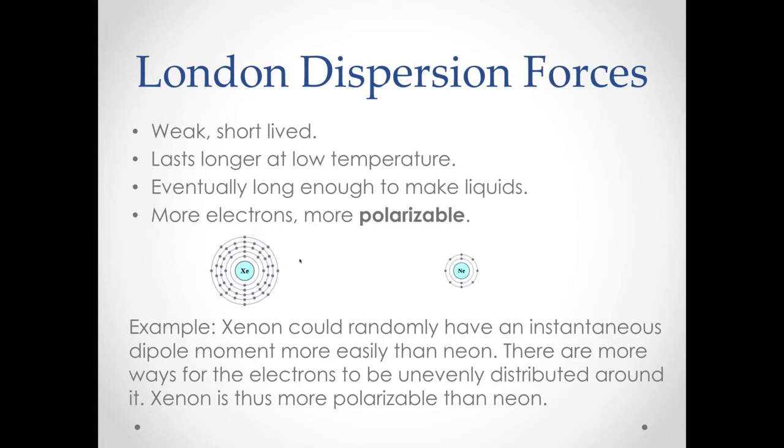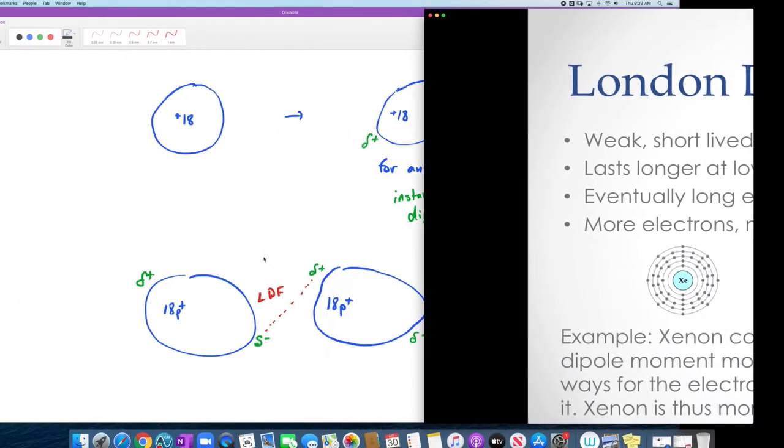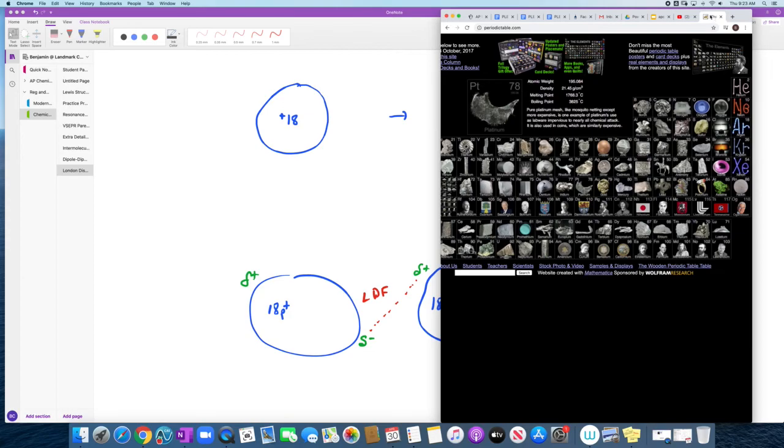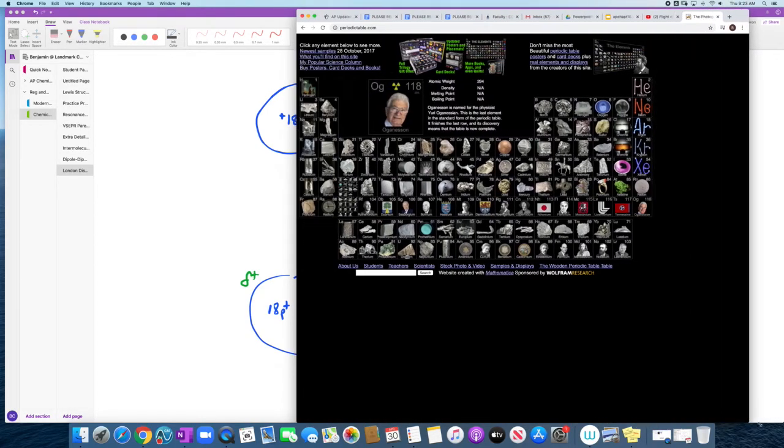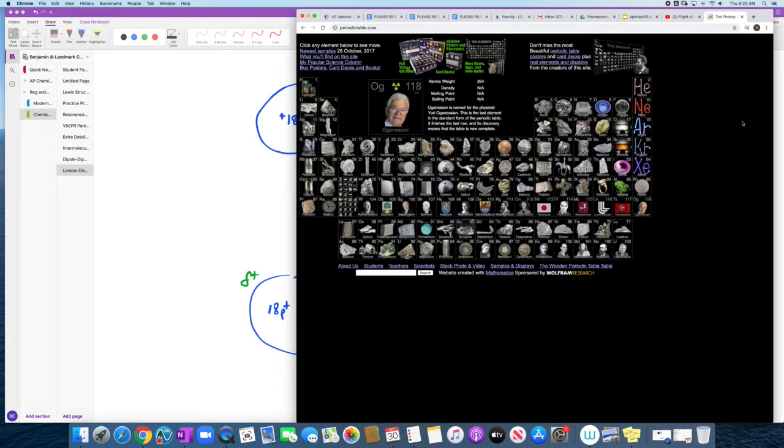And so now check this out. The prediction would be stronger London dispersion forces the more electrons I have. So let's look at the data to finish up for today. Back to the periodic table. Let's have a look at the boiling points of the noble gases.